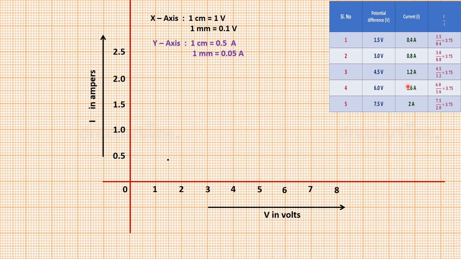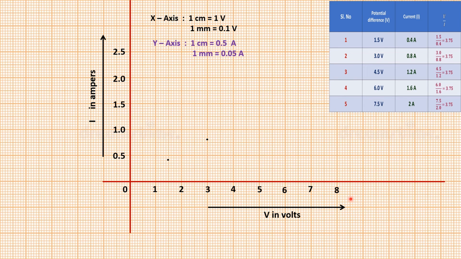Next, again 3 volts. For 3 volts, what is the current here? 0.8 amperes. We have to count 0.8 divided by 0.05, which gives 16. 16 divisions we have to show. 3 volts here, here 10, 15, 16 divisions here.